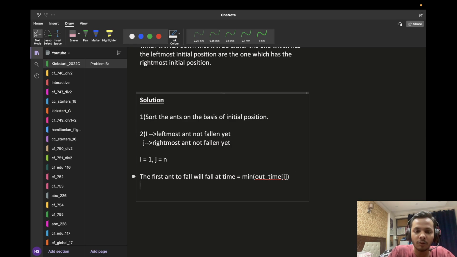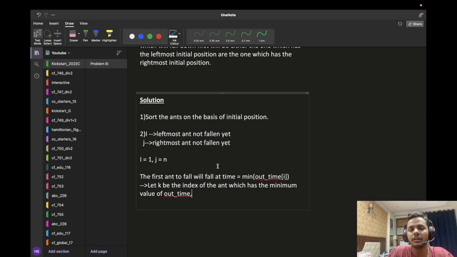Okay. So now what we'll do is, let k be the index of the ant which has the minimum value of out time, right? The way we can decide whether the leftmost ant will fall or the rightmost ant will fall is simply we will look at whether the ant k is facing to the left or to the right.